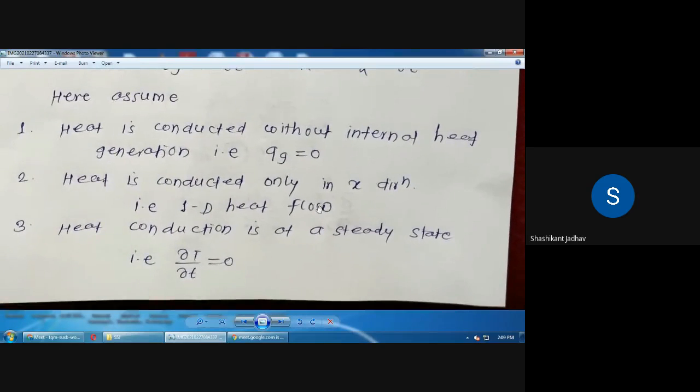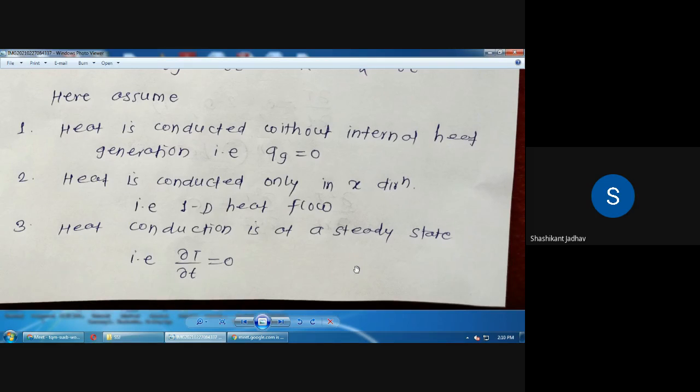Third assumption: heat conduction is at a steady state. What is the meaning of steady state?